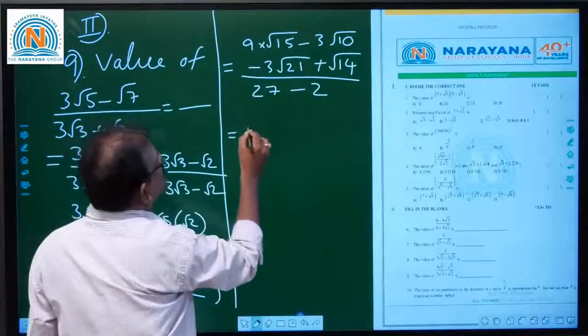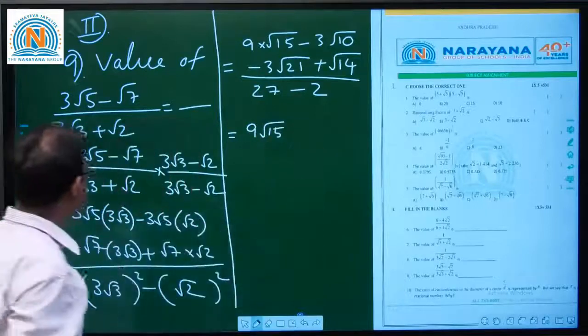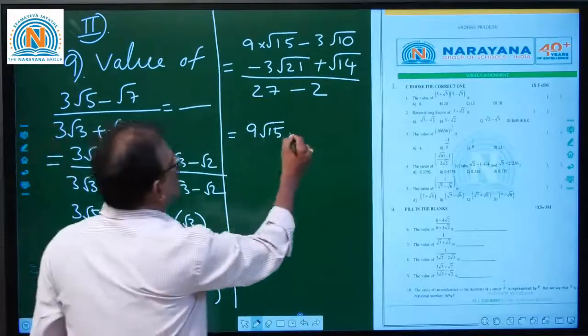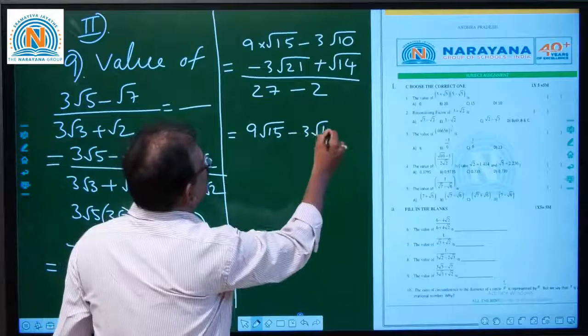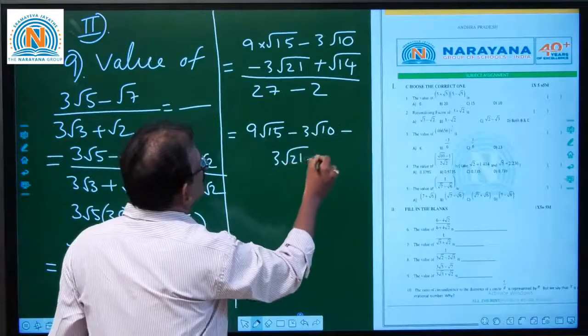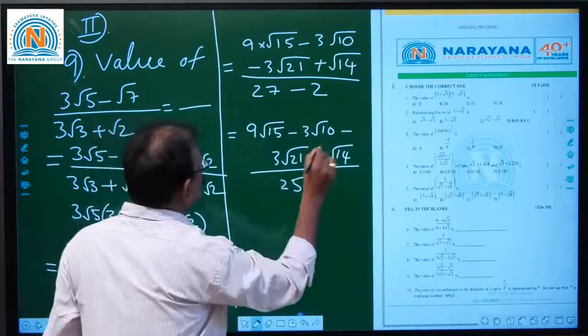So this is 9 root 15 minus 3 root 10 minus 3 root 21 plus root 14 divided by 25.